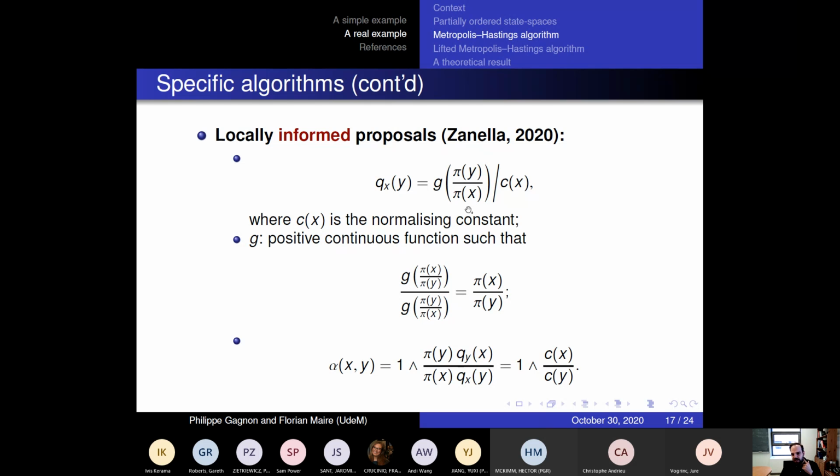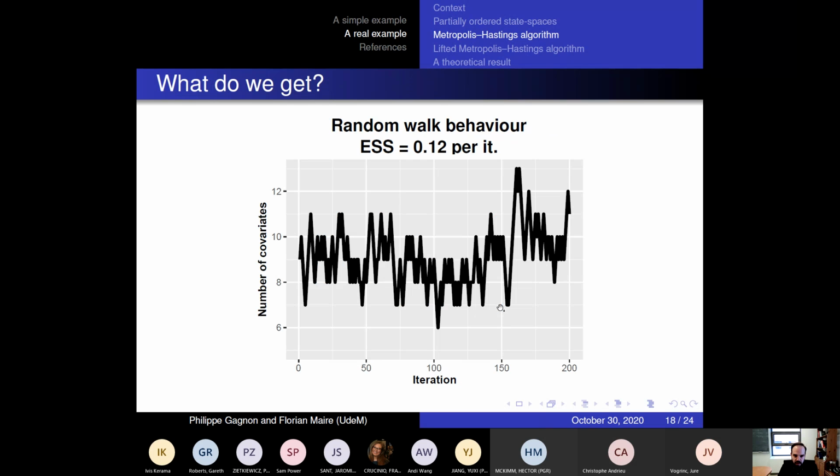So using such a function g leaves the distribution pi invariant. And in fact, Zanella proves in his paper that this ratio, under some conditions, converges to 1 in the high-dimensional setting, okay? So if I use the MH with the Zanella proposal on the example that I described, this is what you get, okay?